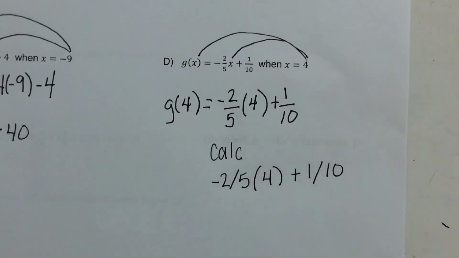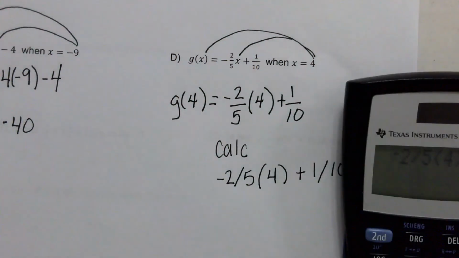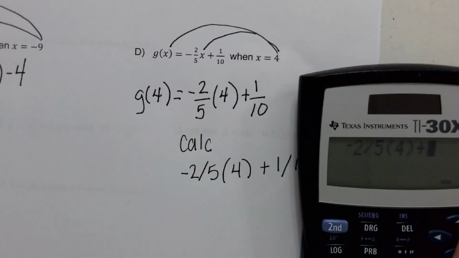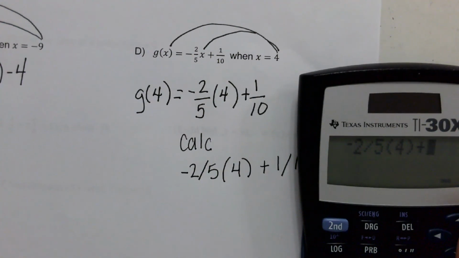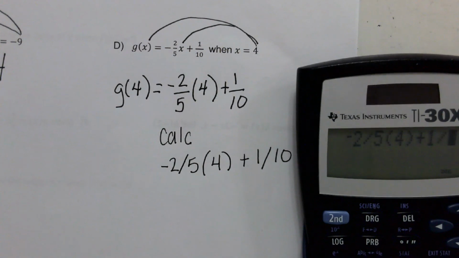So if you need help dividing or putting those fractions into the calculator, you might want that just as a little note to yourself. So -2 divided by 5 times 4 plus, and then 1 divided by 10.